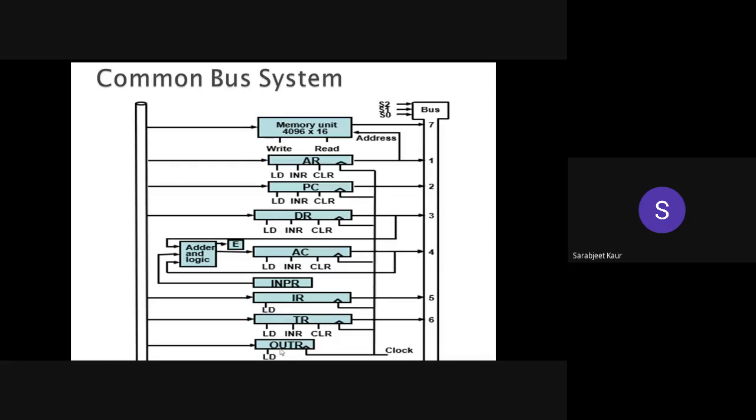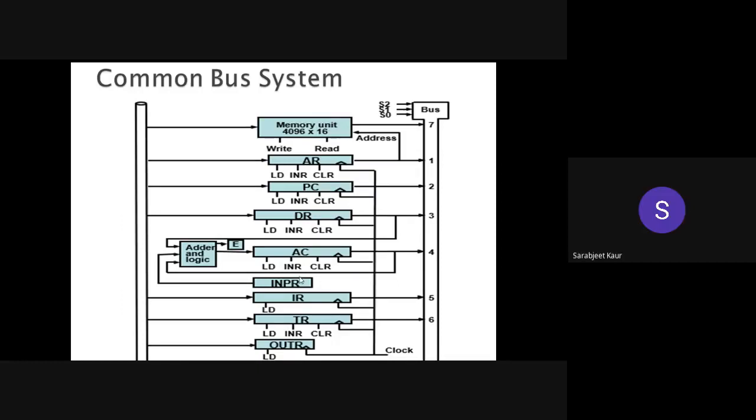It should not be able to change the output before it passes it on to the output device. That is why it does not have the increment and clear control inputs. Is this clear? Yes, ma'am.